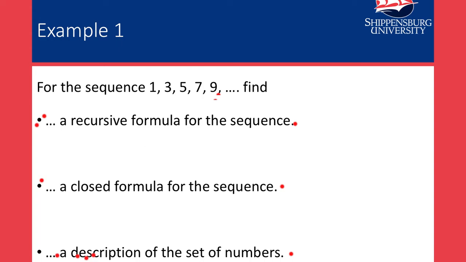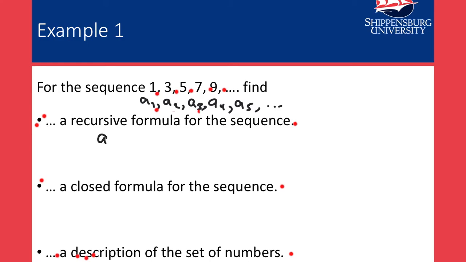Okay, so remember, when I am referring to these values, I'm thinking of that first number as being A1, then A2, then A3. So when I write that, I'm thinking about it as the first term, the second term, the third term, the fourth term, the fifth term, and then those values are 1, 3, 5, 7, 9. So the recursive formula, as we said before, should have something to do with adding 2.